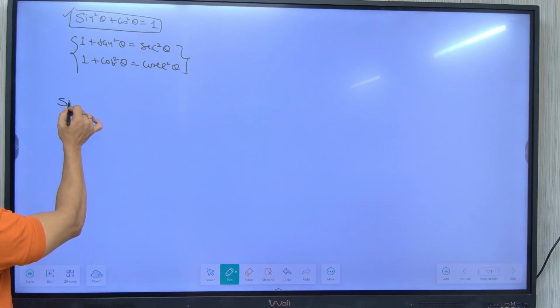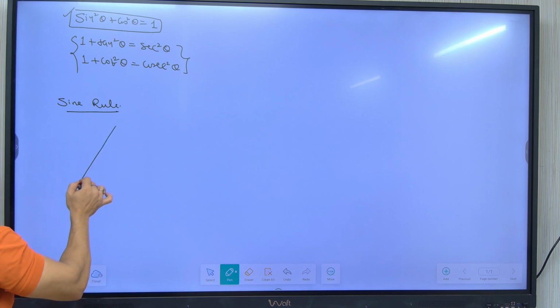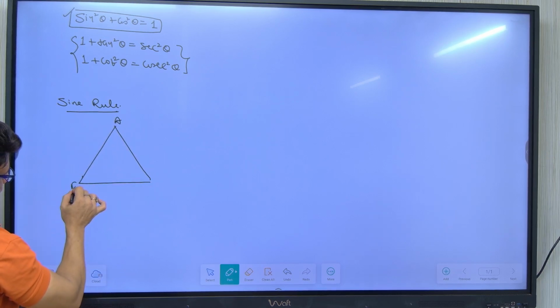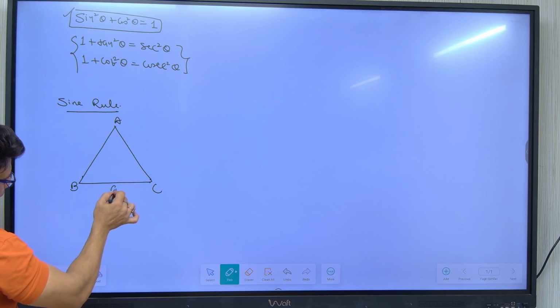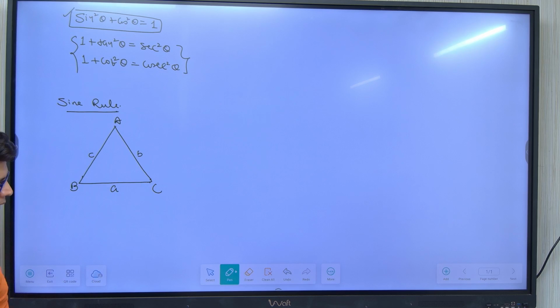Sine rule for any triangle, right? Consider that there is a triangle ABC. Side opposite to angle A is, let's say, small a. Side opposite to angle B is small b. Side opposite to angle C is small c. Right?